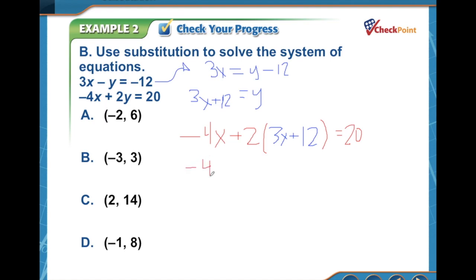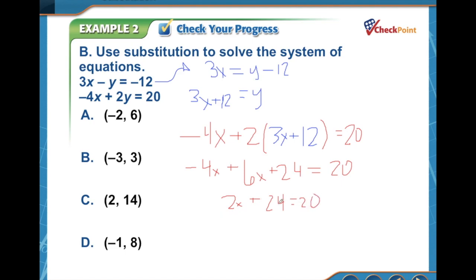So let's do some distribution, and use the skills we learned in the beginning of the year to figure this out. So negative 4x plus 6x plus 24 equals 20. Awesome. Now we need to combine the x's, so here and here that'll become positive 2x plus 24 equals 20.